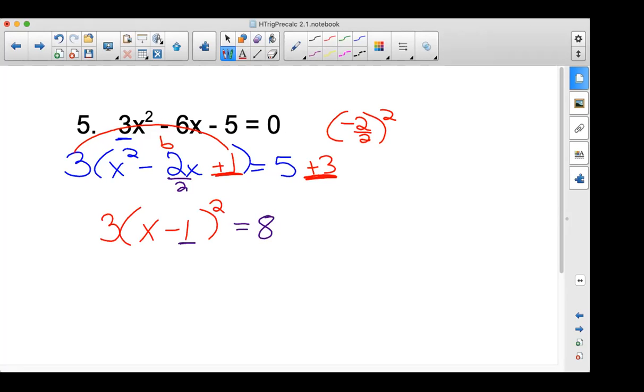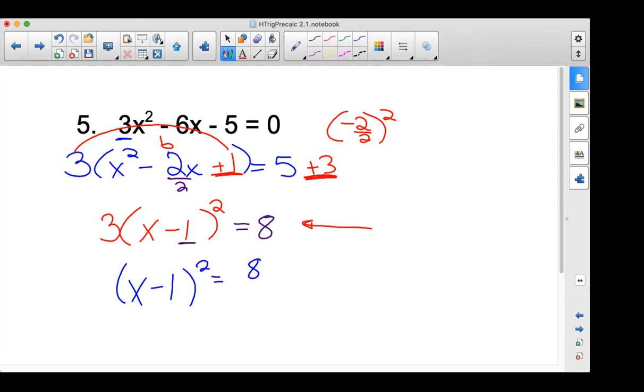Any questions with completing the square? Because the completing the square process is done right now. That's the process of completing the square. The goal is to get a quantity squared. The next step is to solve for x, which is not part of completing the square, just solving for x. So if we want to solve for x, what would you do? Yeah, let's get rid of that 3.